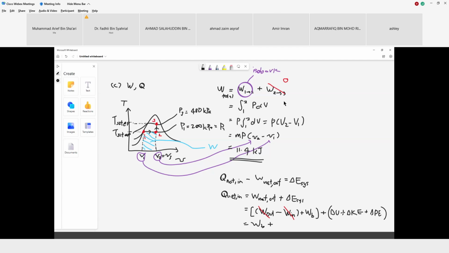For this case, delta U, as I said, as long as they have a substance, then we keep delta U. Every matter that has a mass has its own internal energy.